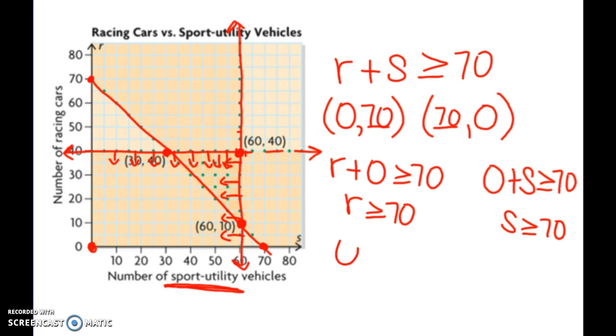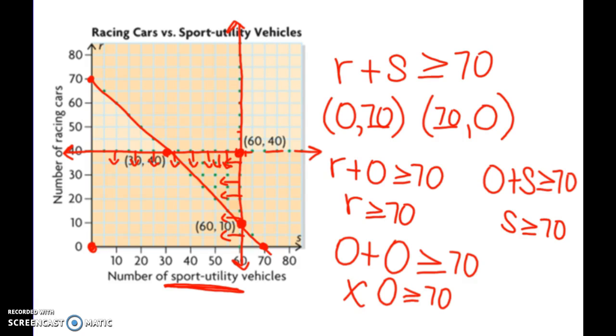So if I put 0 in for my r and I put 0 in for my s, I have 0 is greater than or equal to 70. That is not a true statement. That is false. So we're not going to include this point. We're going to include things away from that point. So if you notice, this becomes our shaded region that we're talking about. And these points enclose our shaded region.